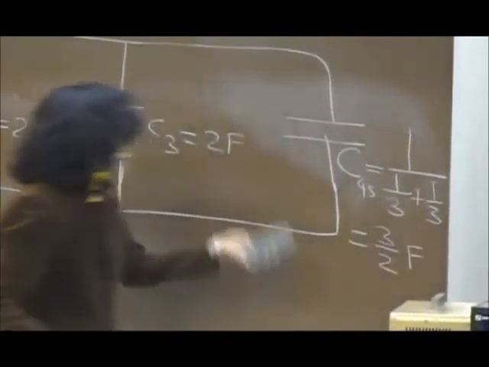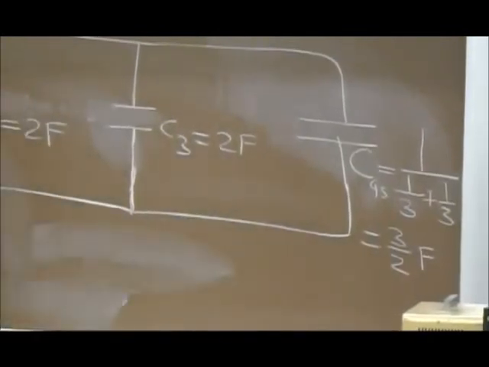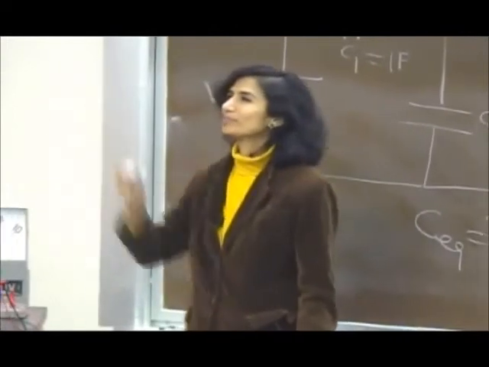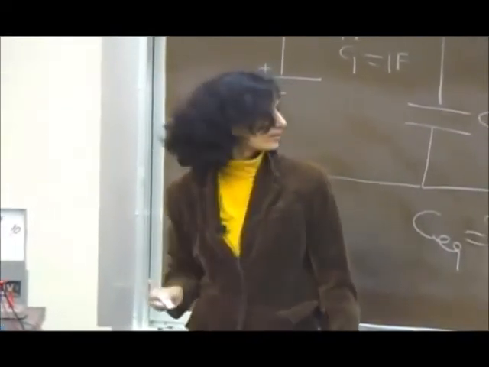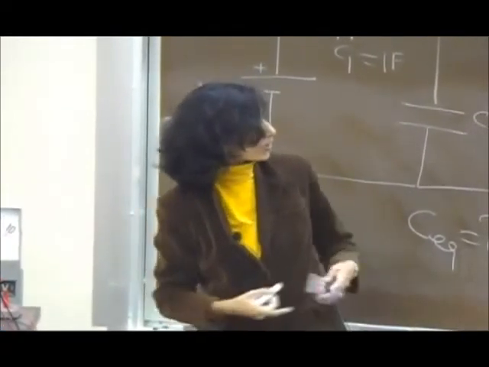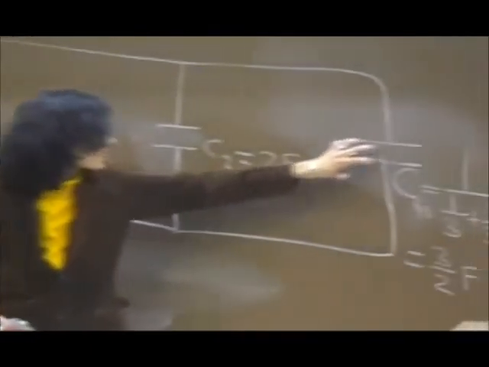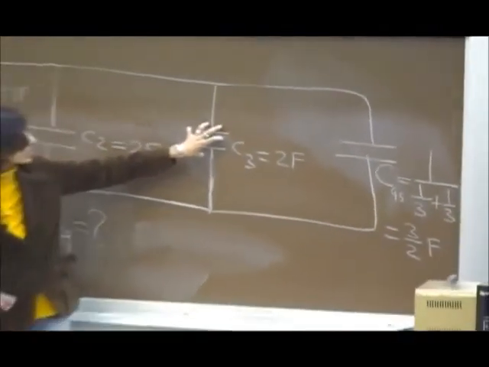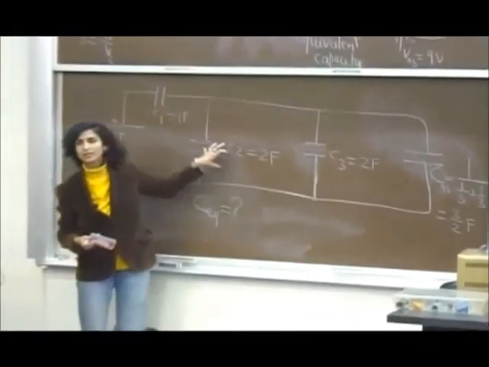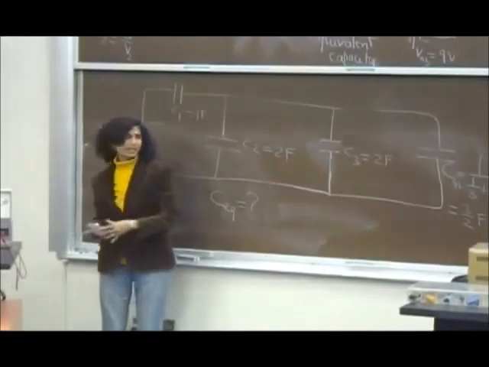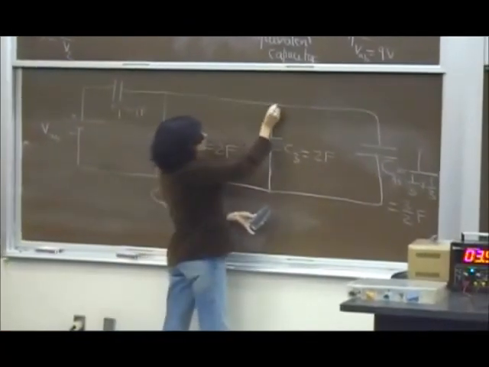Okay, good. Now, who wants to tell me which two things they are sure are either in series or parallel? Go ahead. Okay, so you are saying that this equivalent capacitor is definitely in parallel with this, and those two are also in parallel with this? Actually, he's right. So the thing is, let's do it one at a time.